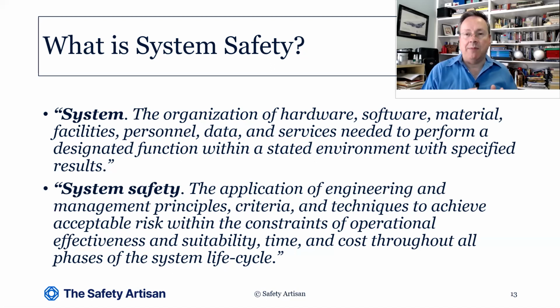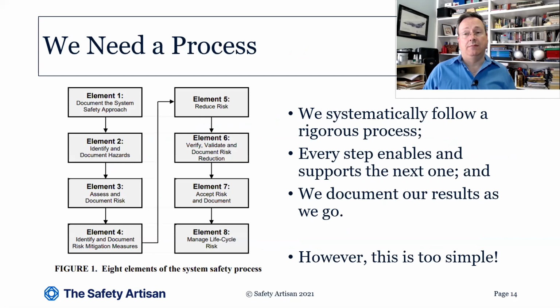How is all this going to happen? Well, actually, we need a process. And in the standard that we're going to look at in the next module, we have an 8-element process. And as you can see there, we start with documenting our approach. We identify and document hazards. Actually, we document everything according to the standard, so I'll forget that.